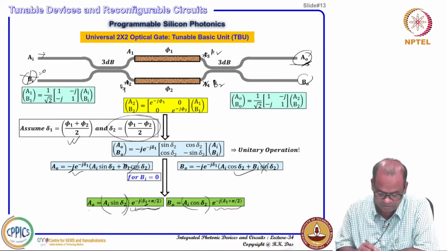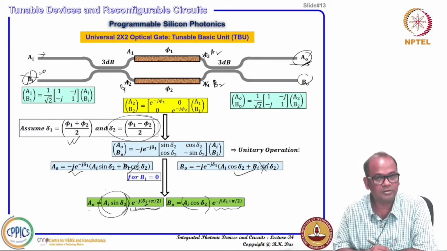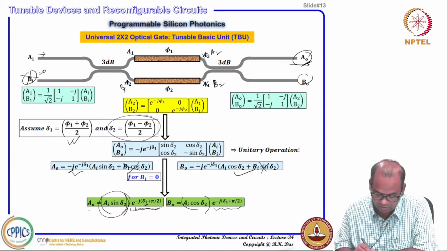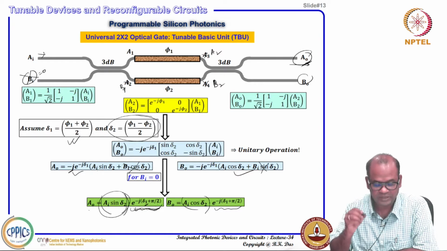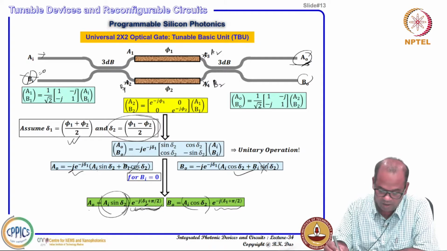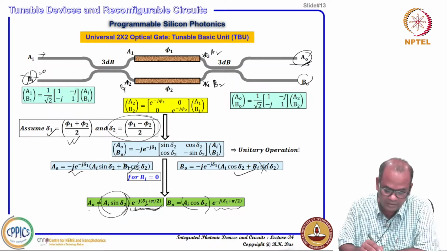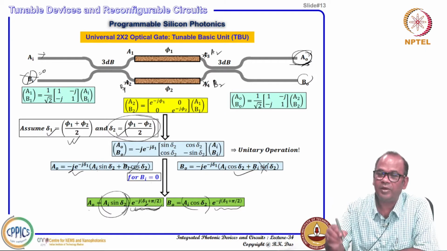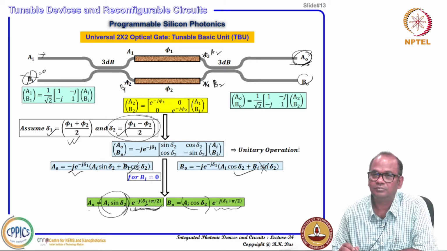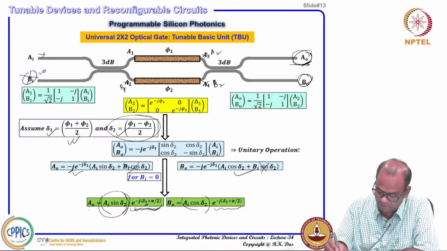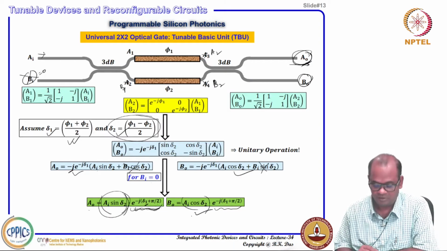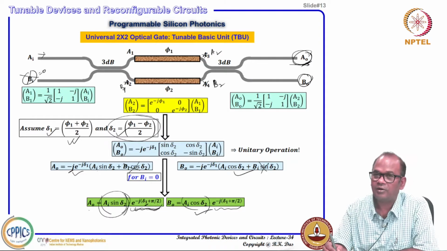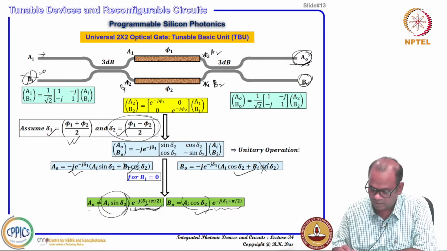When phi 1 minus phi 2 is constant, the amplitude remains constant, and in that case your phase will be changed. So, by controlling delta 1 and delta 2, you can control both amplitude and phase independently. A similar case holds for B naught. So, delta 2 can control your amplitude and delta 1 can control your phase.